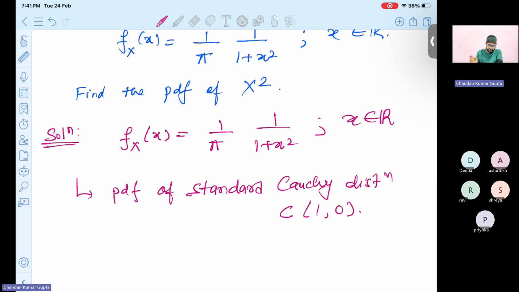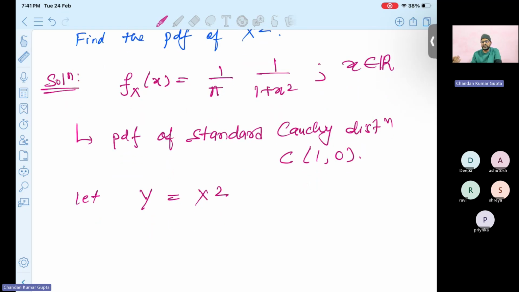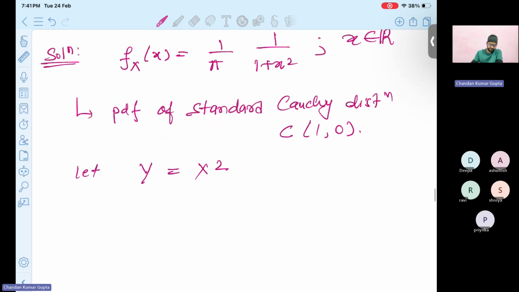So we need to find the PDF of a transformed random variable Y, which is x square. We can directly use the CDF approach, the cumulative distribution function approach.